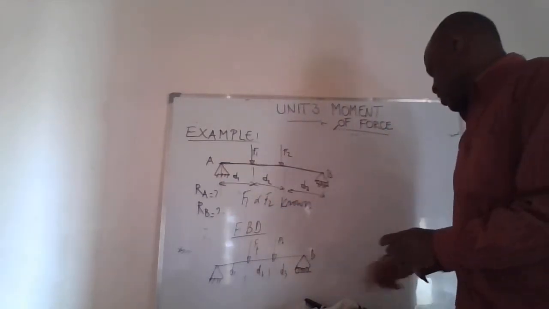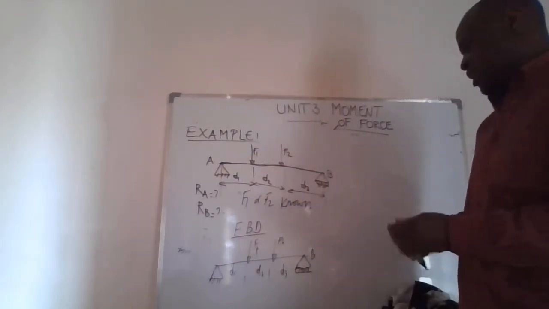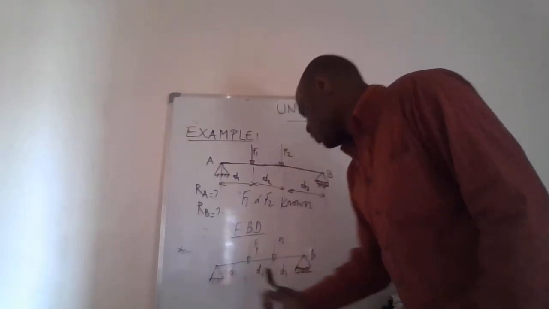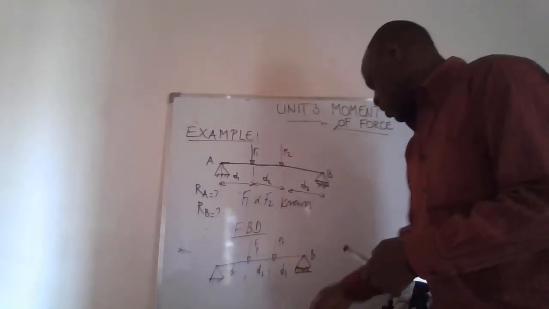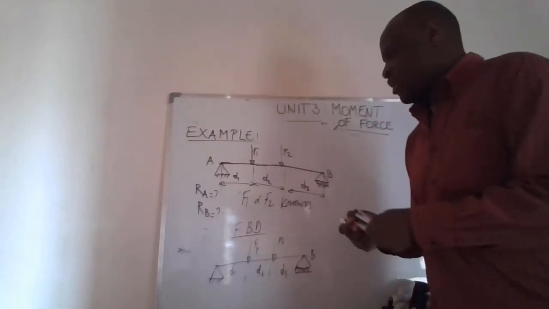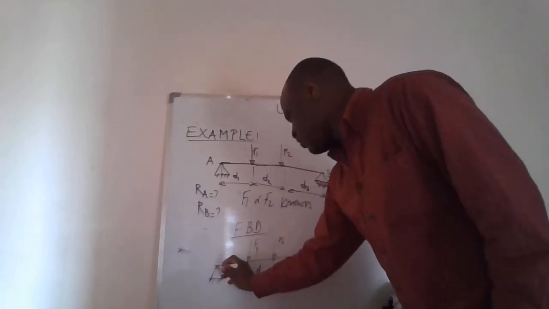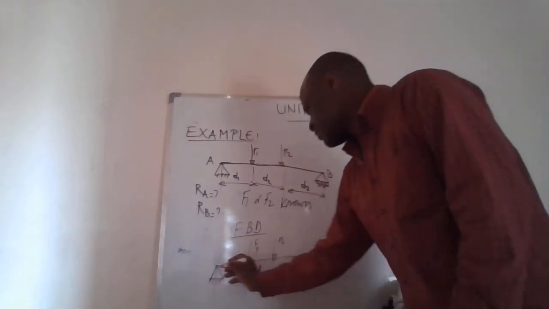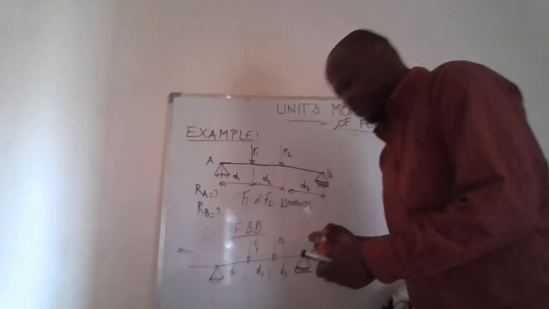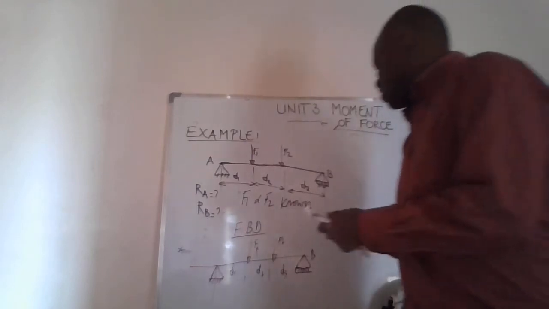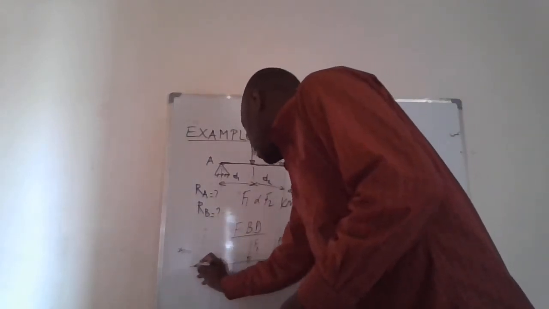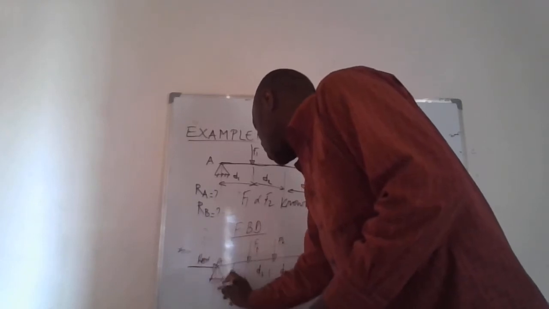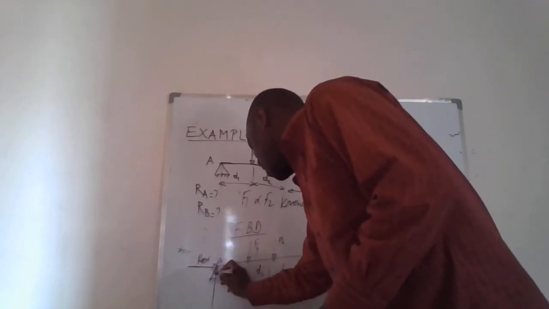How do I get the unknowns? Support reactions. I'll first of all look at them. This is a pin support, and I know that when I have a pin support, I should expect to have two components. One is RAH, and the other one is RAV.